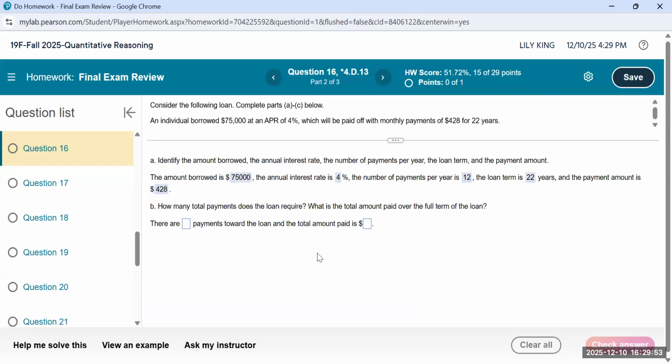Now, how many total payments does the loan require? And what is the total amount paid over the full term of the loan? So at the end of the loan term, what is the total number of payments? 12 times 22 is the total number of payments, which is 264.